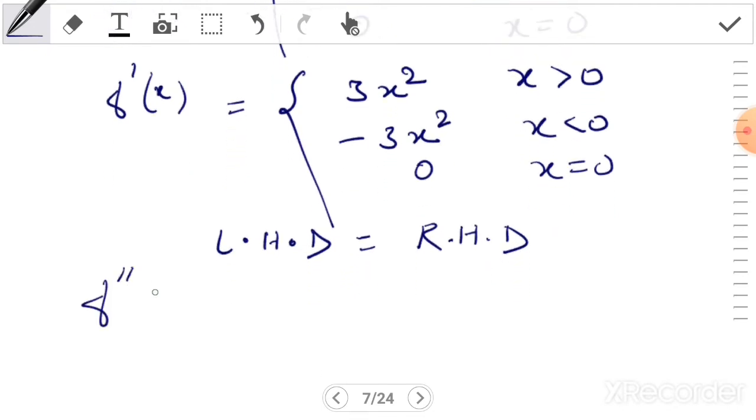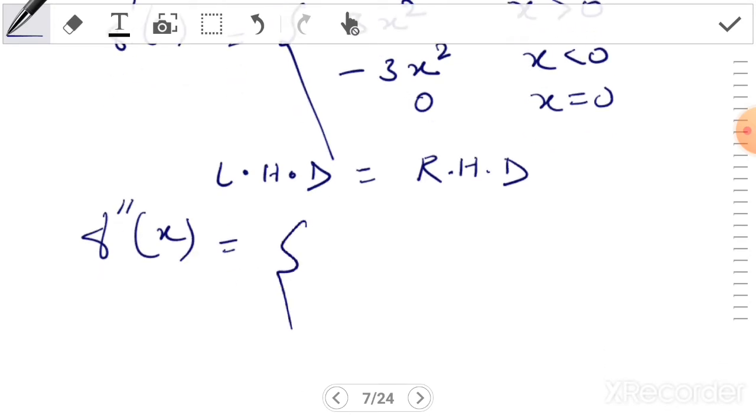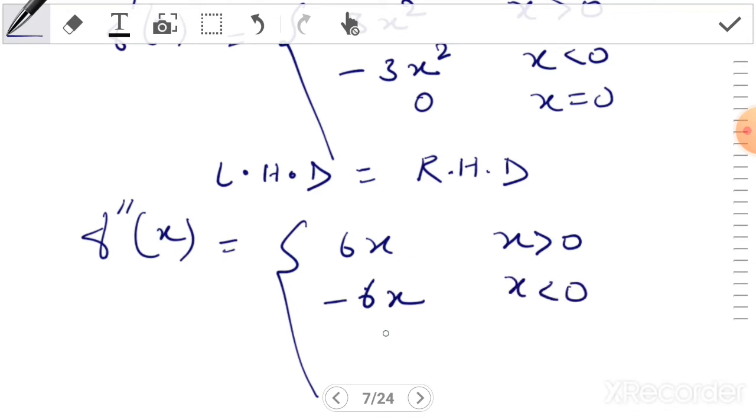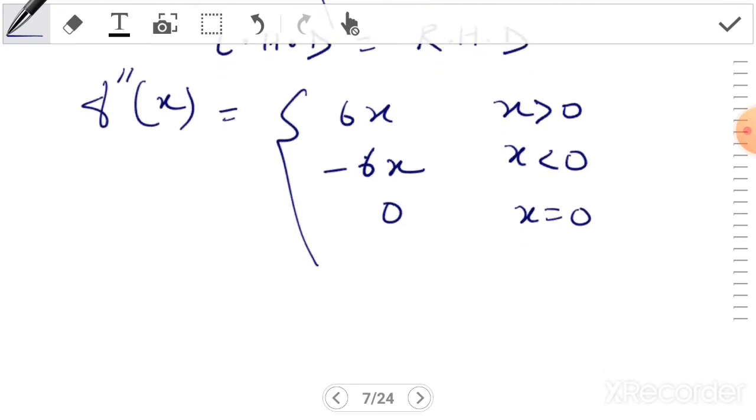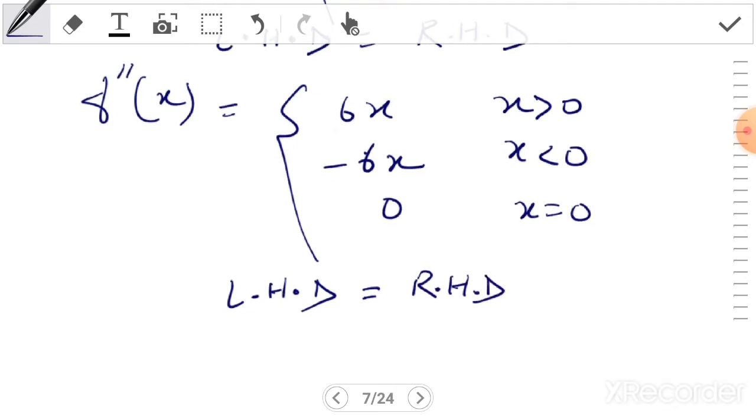Let us check the second order differentiability. So this is plus 6x at x greater than 0, minus 6x at x less than 0, and 0 at x equal to 0. Here if you put x equal to 0, this is again 0, so again left hand differentiability is equal to right hand differentiability, so this is again differentiable.